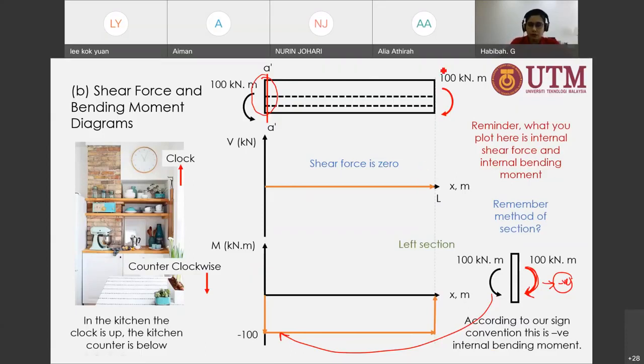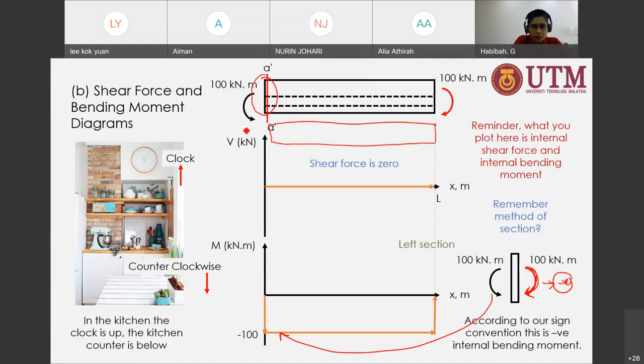If you do the same thing, but you do method of section and we begin from the left end, okay? Oh no, let's forget about that. Now, if I draw my right section instead, so I draw my right segment, this is what I draw.